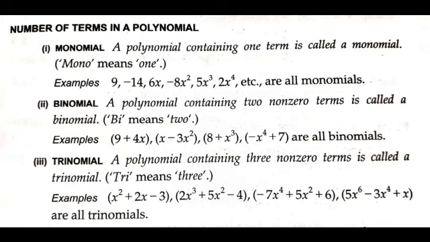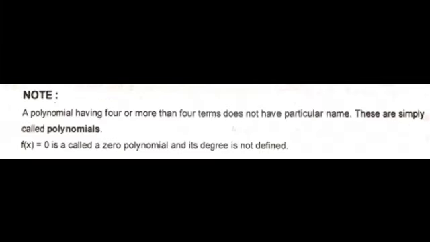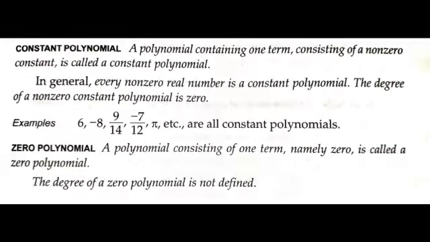This is also trinomial. 5x⁶ - 3x⁴ + x. This is also an example of trinomials. Here it is very important to note, a polynomial having 4 or more than 4 terms does not have particular names. These are simply called polynomials.